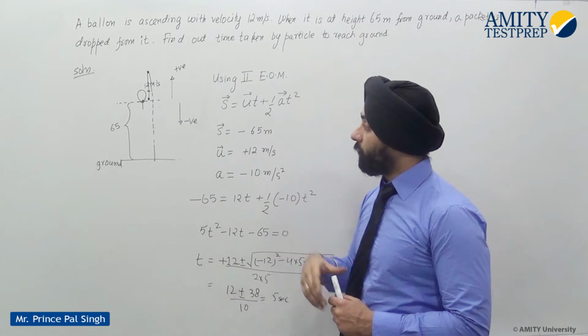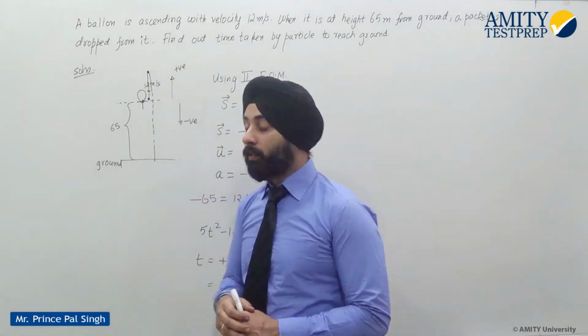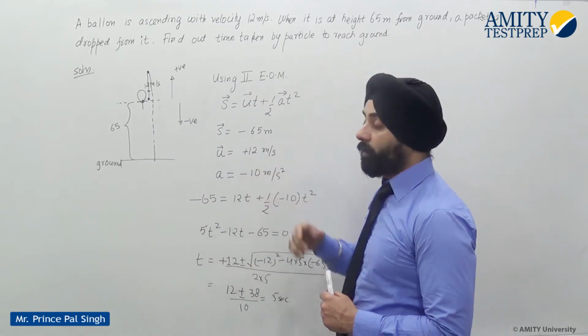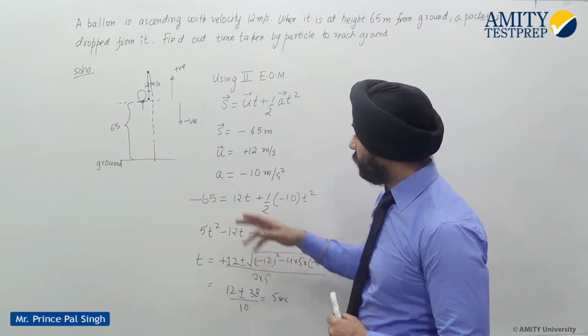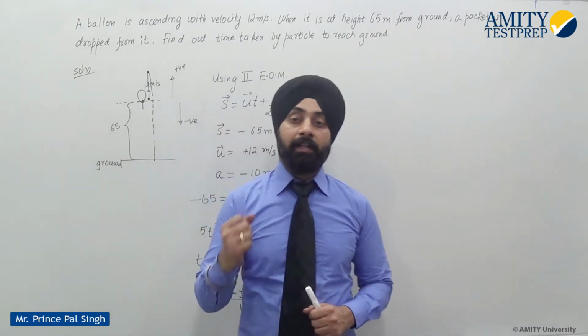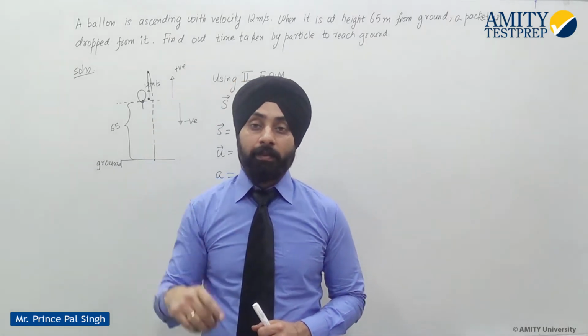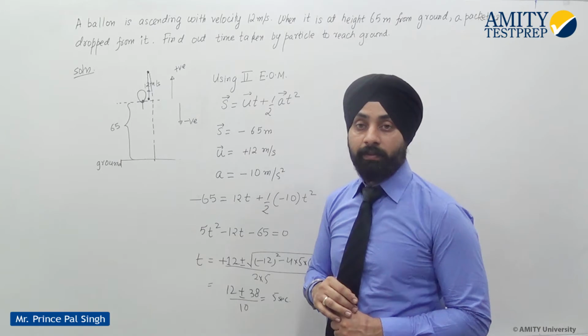Then the initial velocity, the velocity at this moment, is in the upward direction. So u equal to plus 12 because it is in the upward direction. The acceleration of the particle is always vertically down, whether it is going up or it is coming down, it is always in the downward direction.